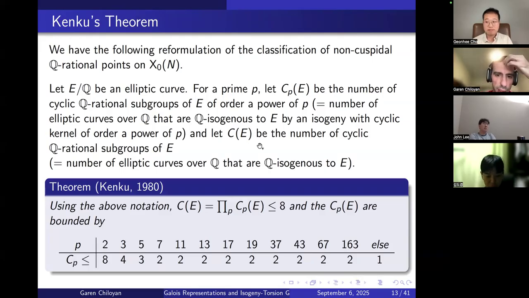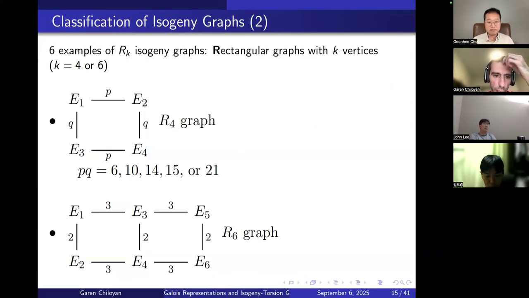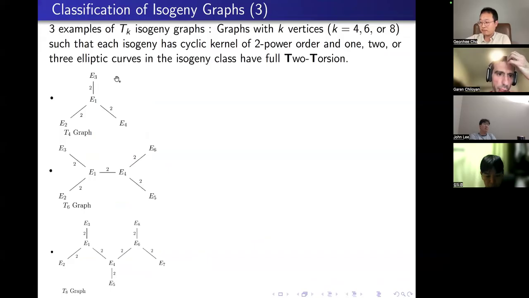The one thing that he didn't write, that you have to do by yourself, I didn't really say much about this yet, but here is a 4 isogeny from E3 to E4. 2 times 2 is 4. When you go through a 4 isogeny, the curve in the middle has full 2 torsion. Kenku, I don't think, saw that when he was writing his paper.